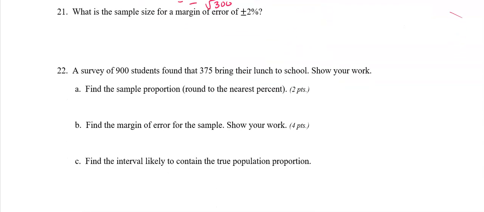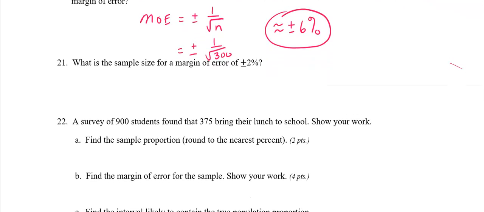All right, well here we're going to use the same formula, but this time we're given margin of error and we want to know what the sample size is. So same formula as I wrote up here, but we can go ahead and put in 2%. You don't need the plus minus because when you're coming up with a sample size, you never have a negative number of people. 1 over the square root of n.